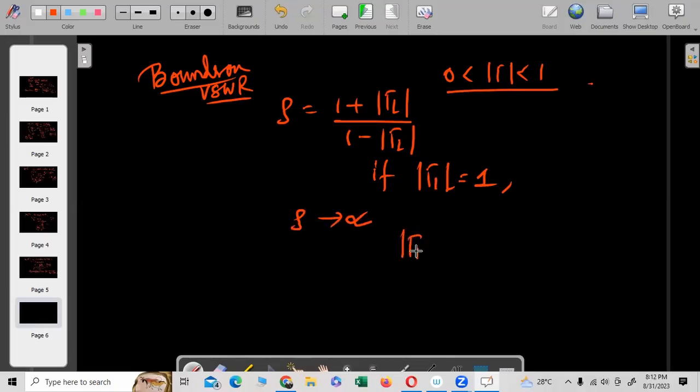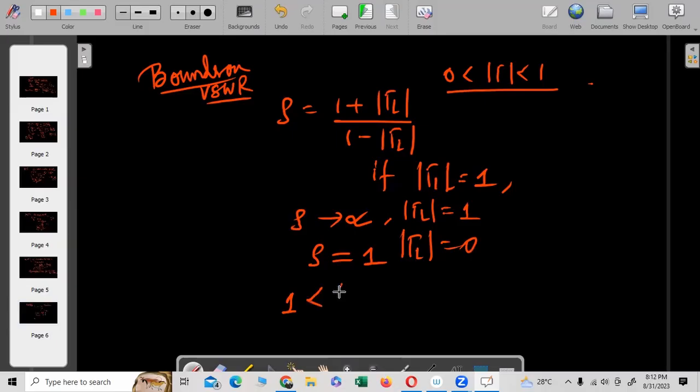If gamma L is 0, then VSWR is coming 1. So the bounds are between 1. Look here, for 0, it is coming 1. For 1, it is coming infinity.